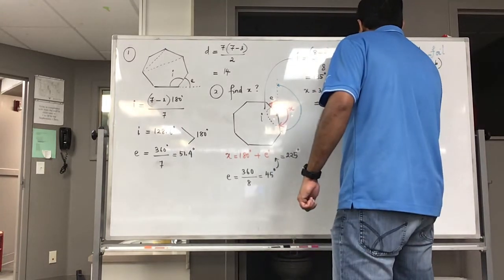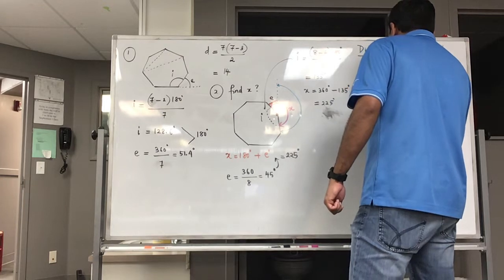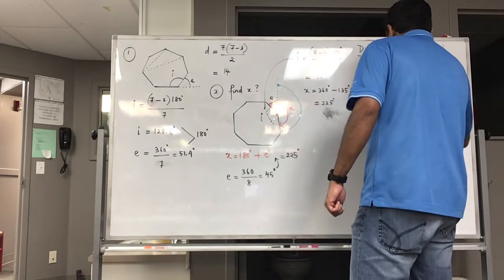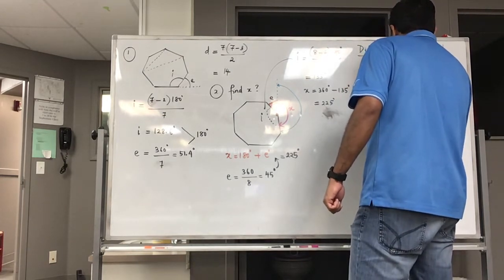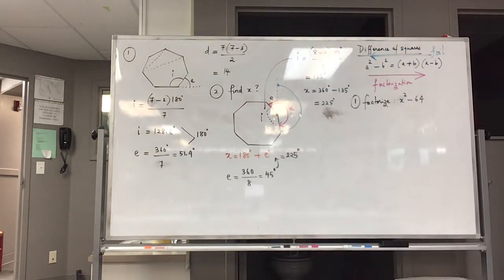First problem, factorize or simplify. Factorize x squared minus 64. This will usually be among the first 10 questions. It's difference of squares, perfect squares.